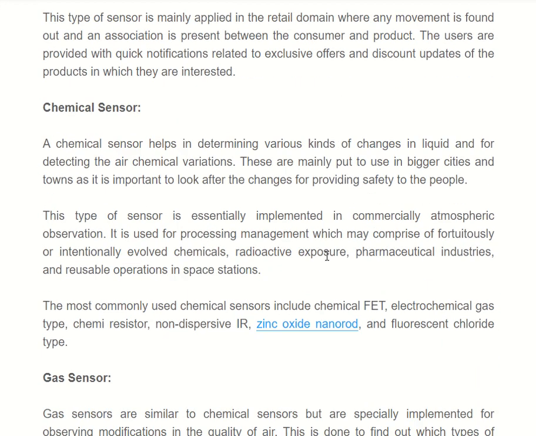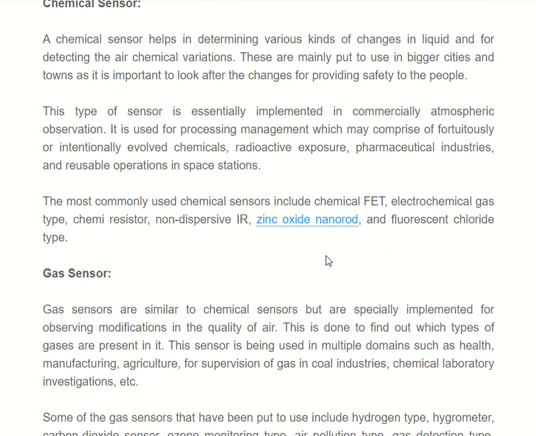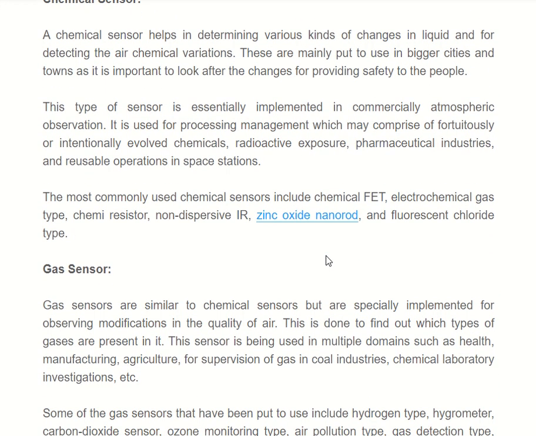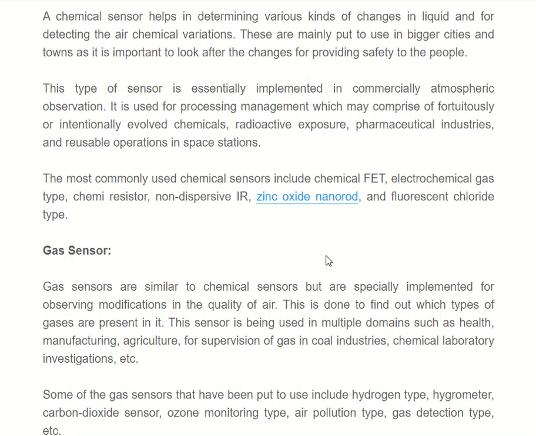Then we have the chemical sensor and gas sensor. Chemical sensors help in determining different kinds of changes in liquid and for detecting air chemical variation, and these are mainly put to use in bigger cities like towers as an important way to look after the change for providing safety to the people.